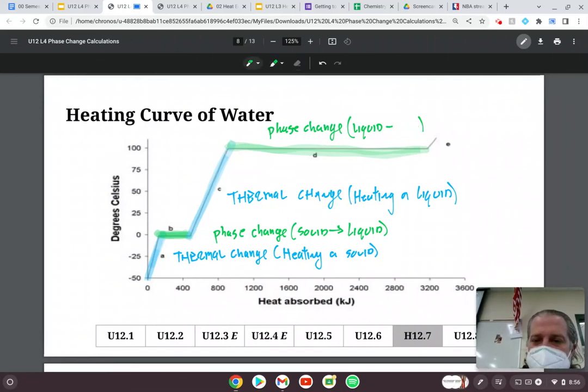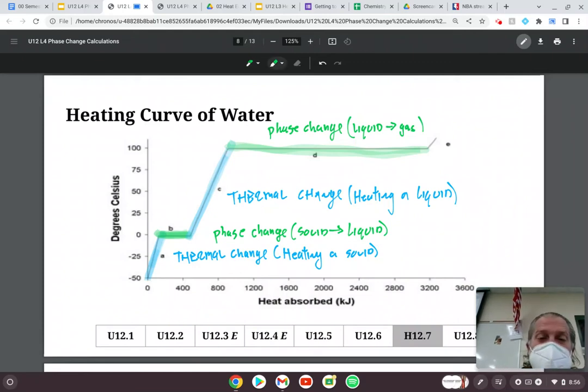So in this case, again, we've warmed the liquid water up to 100 degrees Celsius, and now we are adding an incredible amount of energy over time until all of that water eventually vaporizes and becomes a gas.